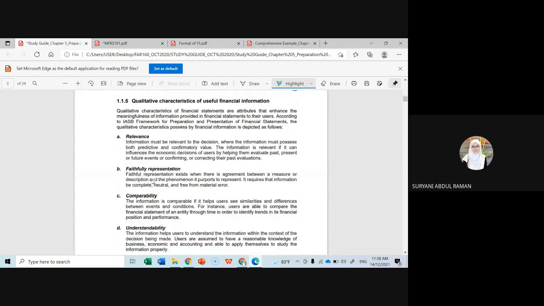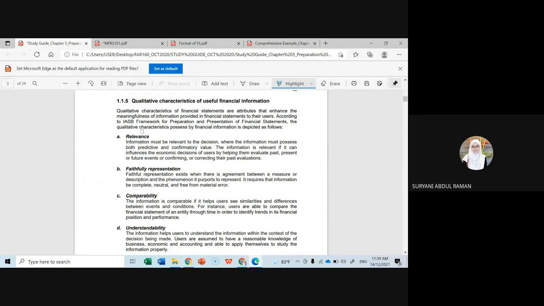Next, another additional information that you need to know is the qualitative characteristics of useful information. The information that you want to disclose in the financial statement should possess all these qualitative characteristics. These qualitative characteristics are actually stated in the IASB. What is IASB, class? International Accounting Standards Board Framework.